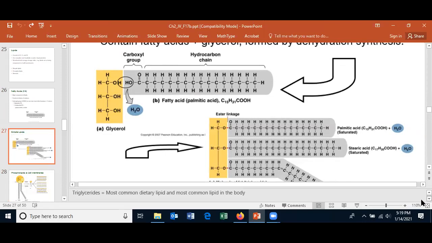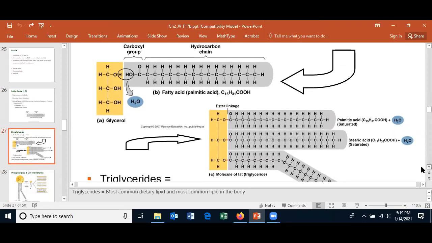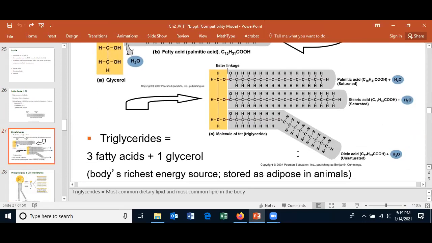Wrong one. Here we go. So there's an unsaturated fatty acid. The whole molecule here is a fatty acid, and it's unsaturated because it has a double covalent bond between two carbons.